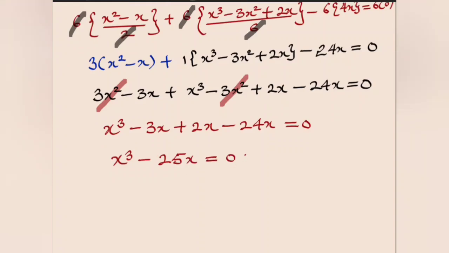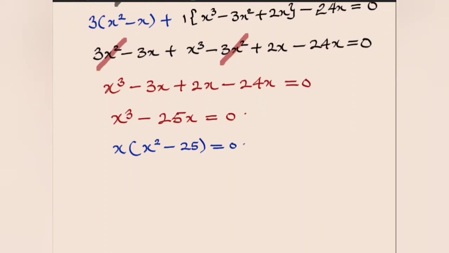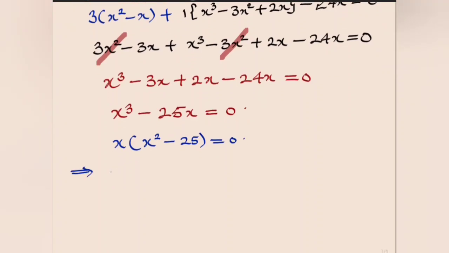From the look of things here, this is cubic, so we can easily factor out x here. So we have x into x squared minus 25 all equal to 0. So it implies that either x is equal to 0 or x squared minus 25 is equal to 0.